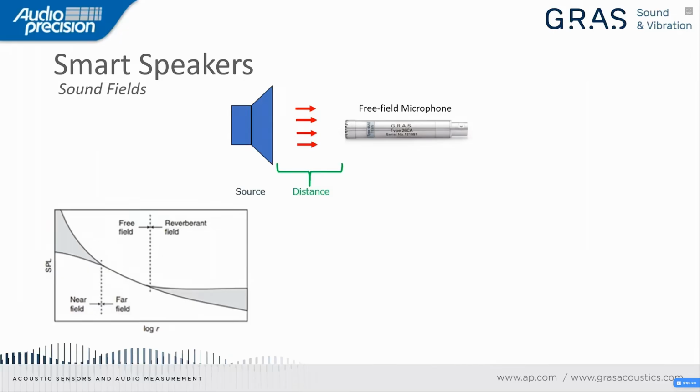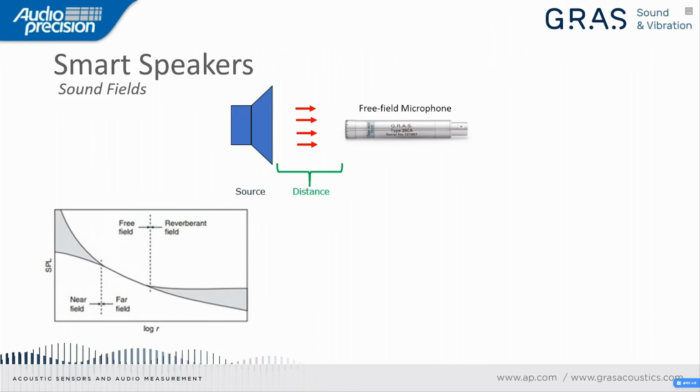When it starts doing that, it's because you are in the free field. And in the free field, you are using a free field microphone. You will be in the free field for many, many meters of distance to your source.